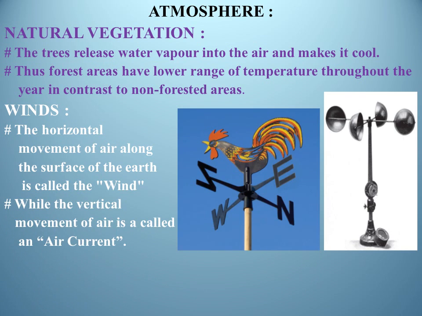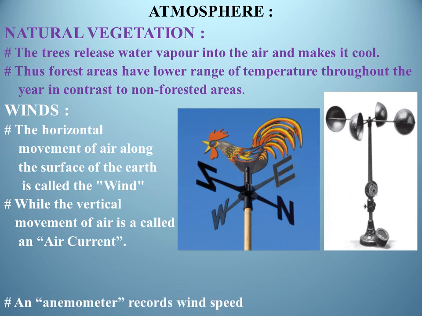The winds always blow from a high pressure area to a low pressure area. Wind is mostly named after the direction from which it blows. For example, the wind blowing from the east is known as the easterly wind or easterlies.